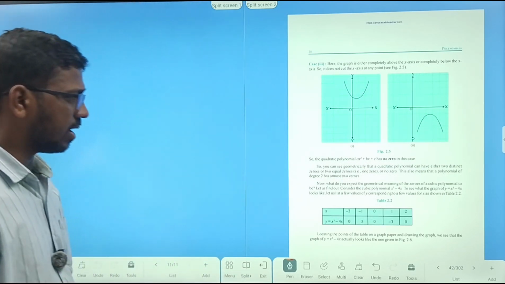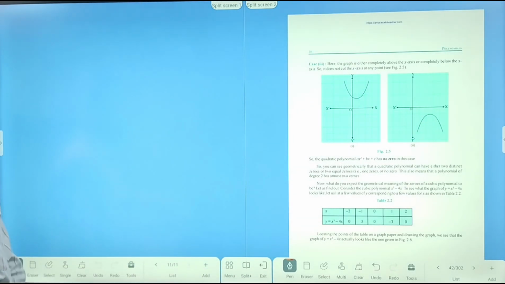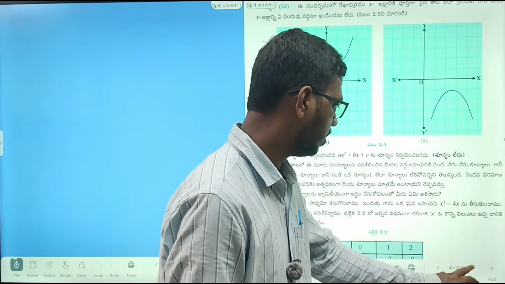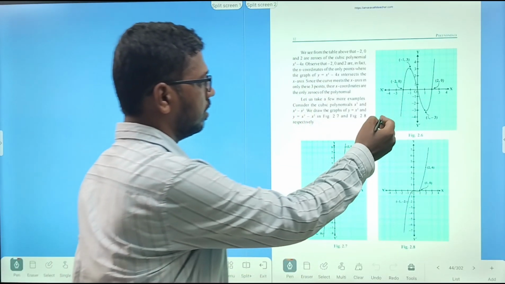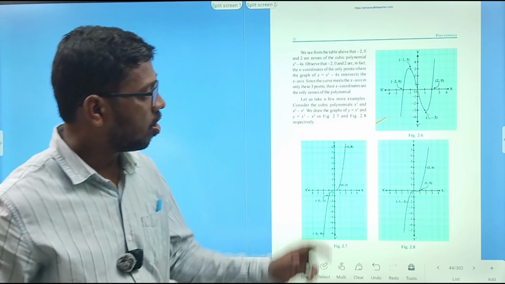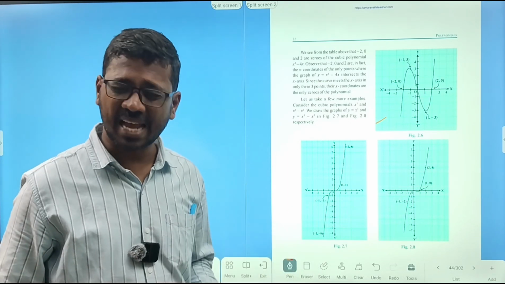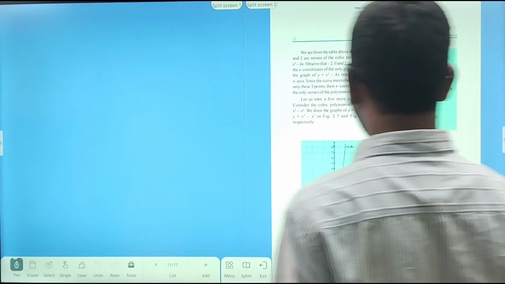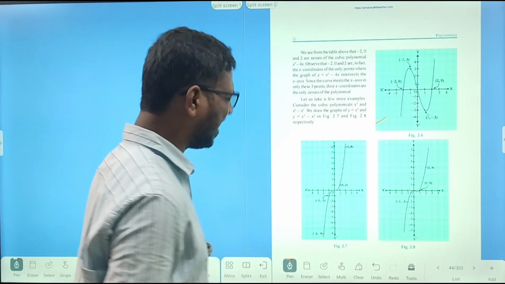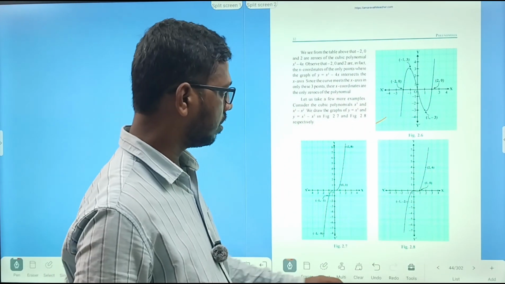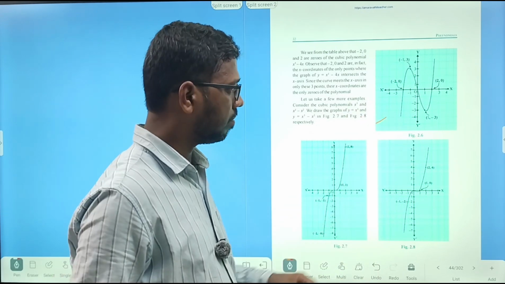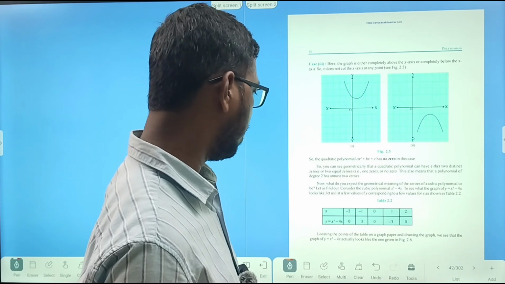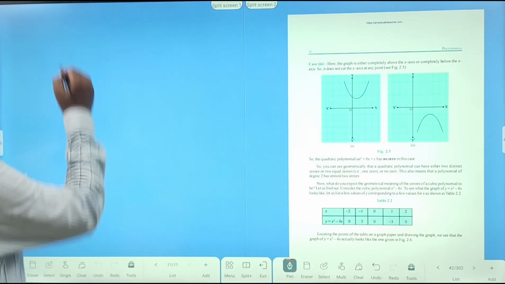Now, if you look at some polynomials, suppose you take this diagram, how many points does it touch the x-axis? Actually, this is the graph corresponding to diagram 2.6, the graph of y equal to x cube minus 4x.